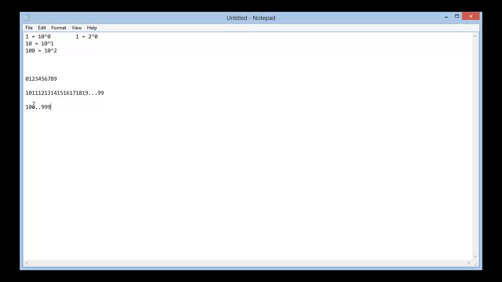It works the same in every number system, it just looks different. In binary, like I said, you can only use up to the base number minus 1. So in base 10, you can only use 0 to 9.